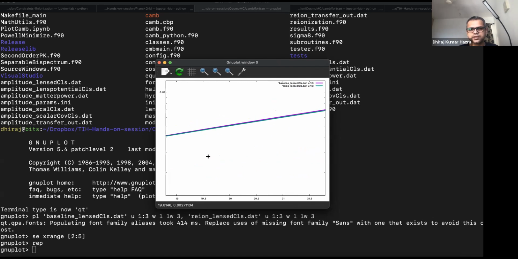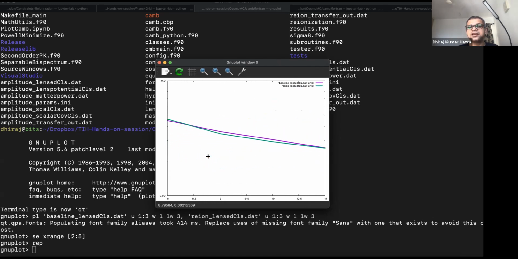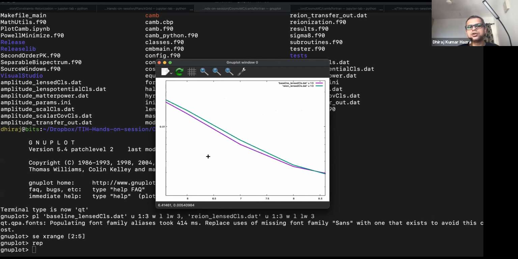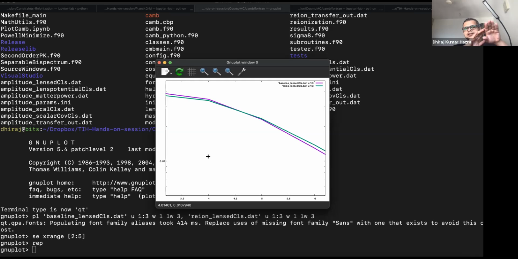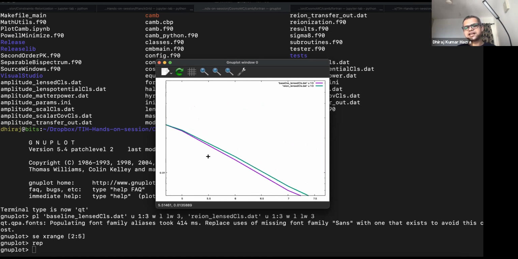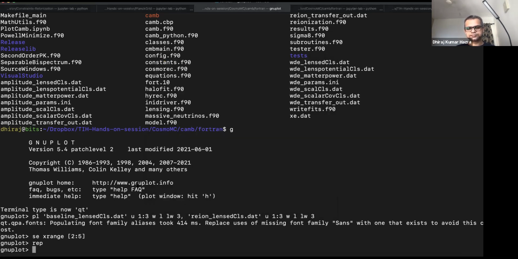Okay, good. So I have changed the reionization history, keeping the tau the same. That means that I was sharply reionizing, and now I am reionizing at a much slower pace, but from a much earlier time. So the polarization signal changes, but every other signal remains the same.